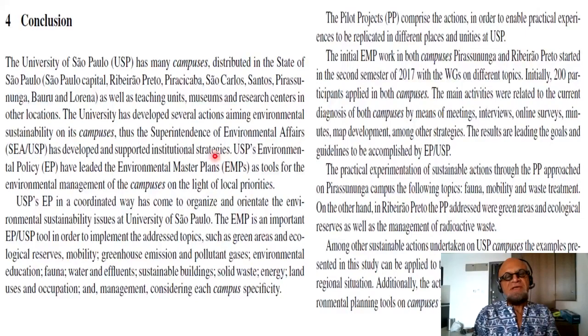Thus, the Superintendence of Environmental Affairs has developed and supported institutional strategies. USP's environmental policies have led to the environmental master plan as tools for the environmental management of the campuses in light of local priorities. So they are built on the knowledge of local priorities.